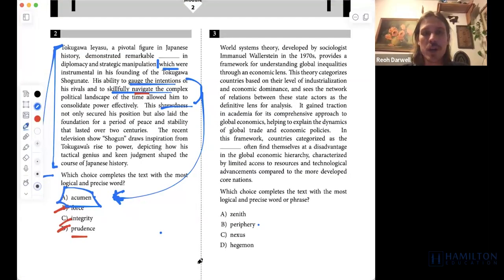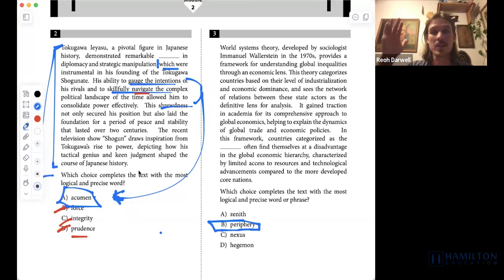All right, so for question 3, I think one of the best ways you can arrive at the correct answer of periphery is by reading the whole question, finding the definition that you're looking for, and then using that to get rid of the other answer choices that you might actually know what they mean, right? Periphery, we should know, means on the outside of something, right? You have peripheral vision, meaning you can see things at the edge of your vision.